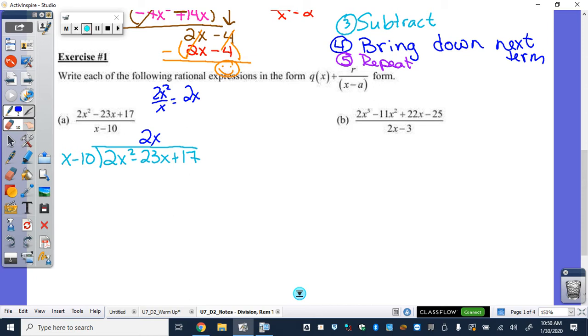What do we do now with that 2x? Yeah, multiply it by this. So 2x times x is 2x squared. 2x times negative 10 gives me a negative 20x.